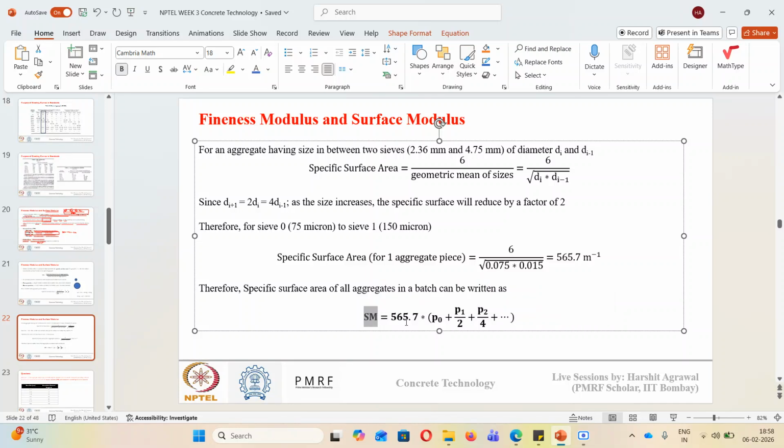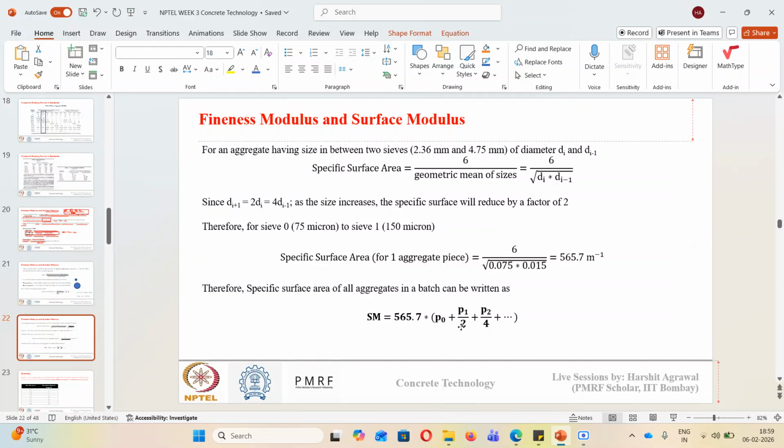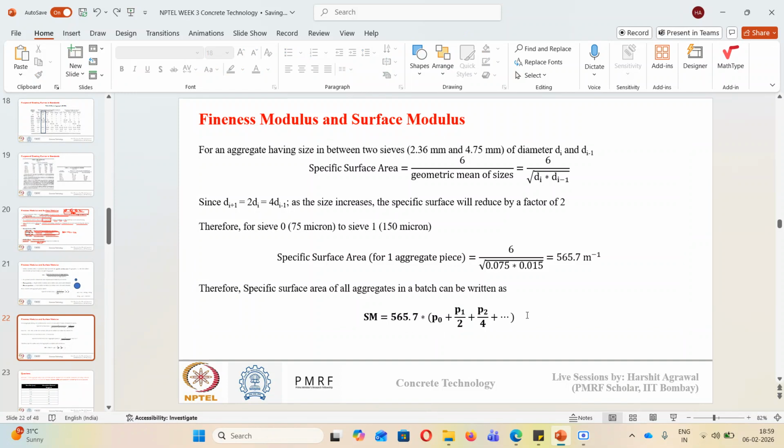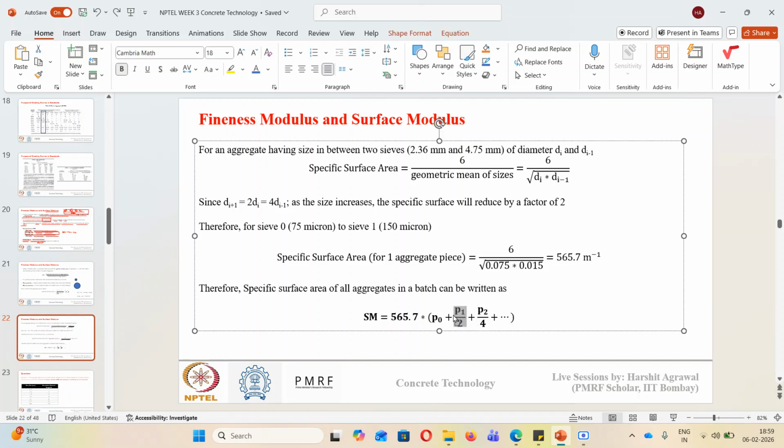Since it is in geometric progression, it will be 565.7 into the percentage of aggregate between 75 and 150 micron, plus the percentage of aggregates between 150 micron and 300 micron divided by 2, because these are in geometric progression. The next term will be 565.7 divided by 2, and so on. I know there will be some confusion here: why I'm dividing by 2, why there is no separate factor for 150 and 300.